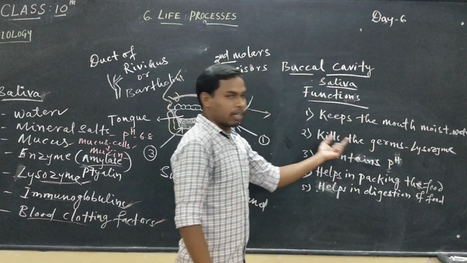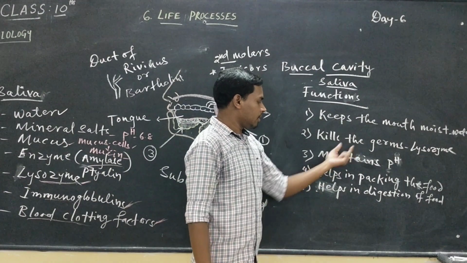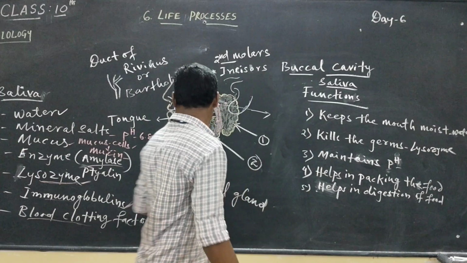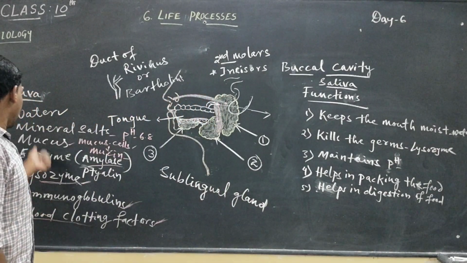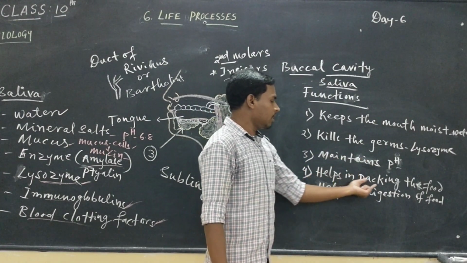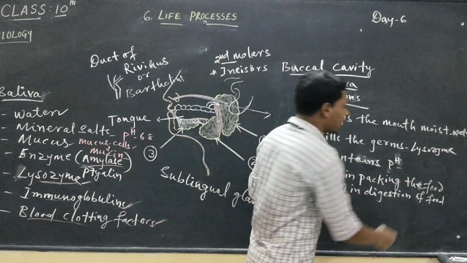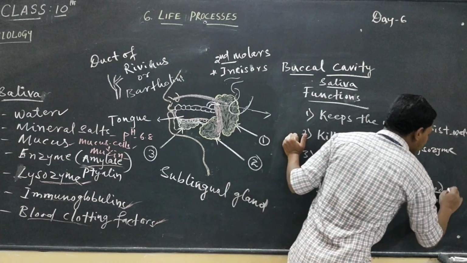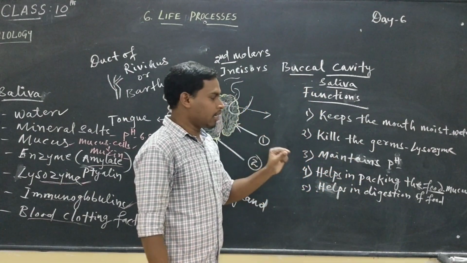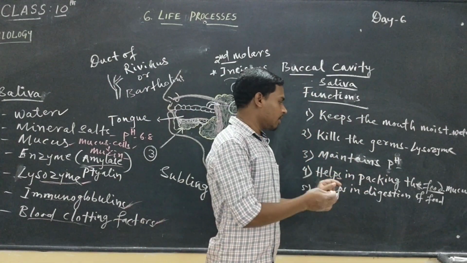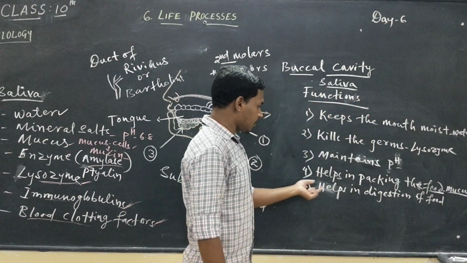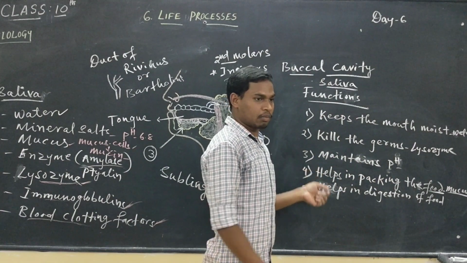They maintain pH because saliva contains mineral salts. Saliva helps in packing the food because mucus is a sticky substance. They pack the food with the help of mucus so that the food will be swallowed easily.